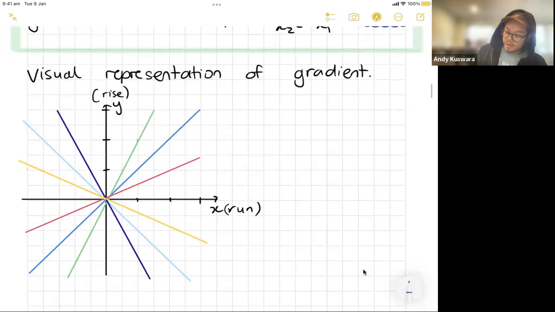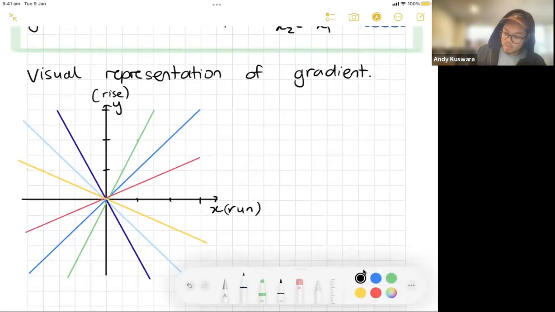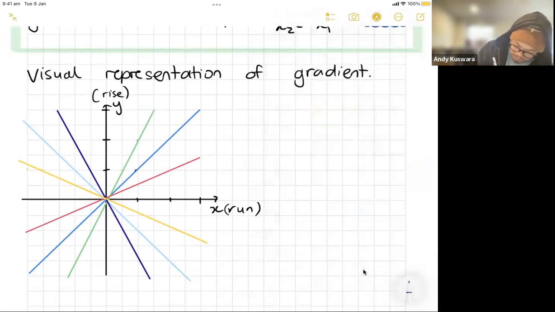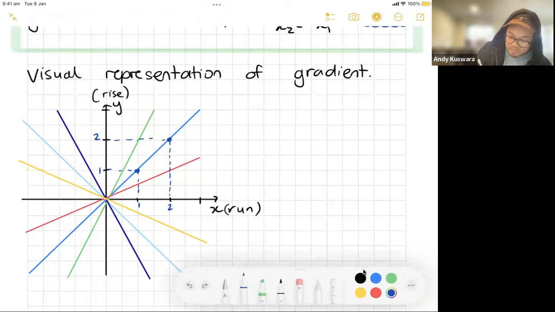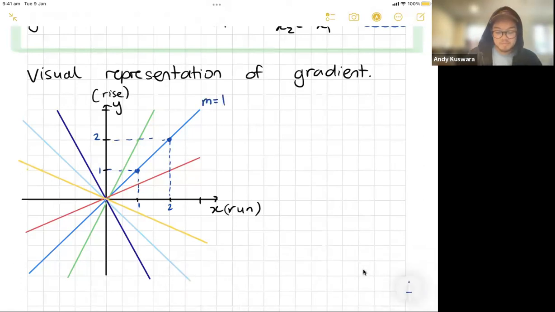So when we're talking about gradient, the hardest part to understand is probably what each of these things represent. With this one here, let's say for example it's 1, 1, or 2, 2. If it's a 1-to-1 gradient, which is our standard, let's label our gradients here. That's a gradient of 1.